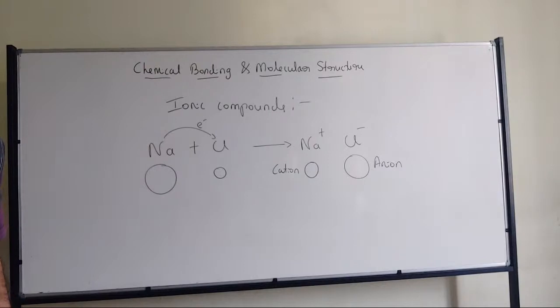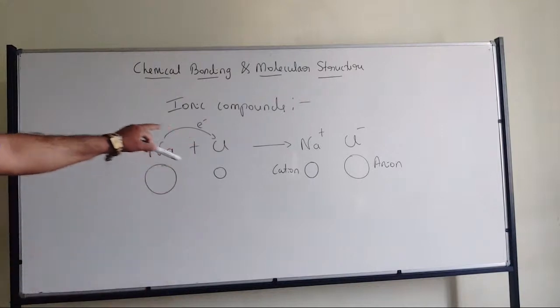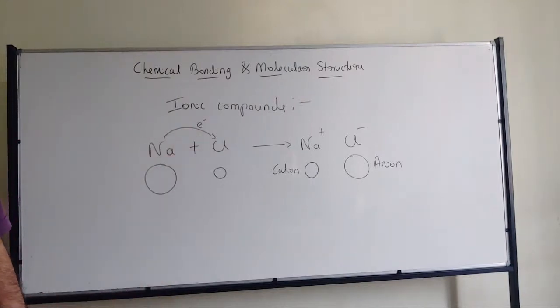Any element which loses an electron becomes a cation, smaller in size. Any element which accepts an electron becomes an anion, larger in size. Any doubts in this particular thing, whatever I have written on the board?